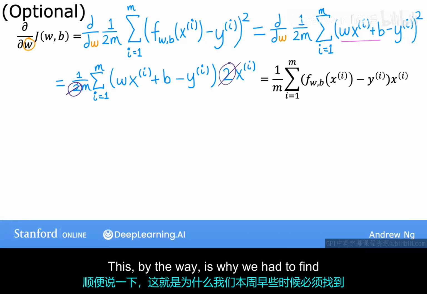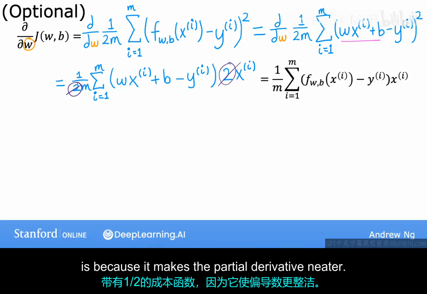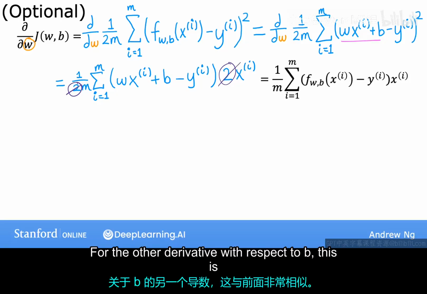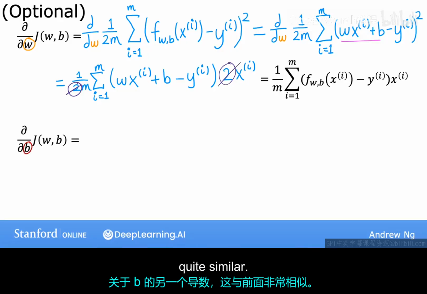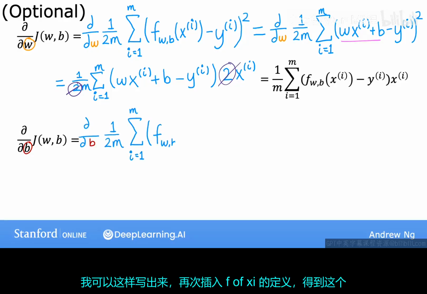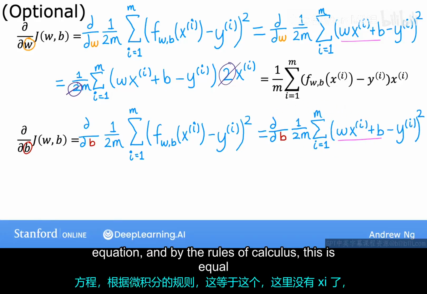So this, by the way, is why we had defined the cost function with the 1/2 earlier this week, because it makes the partial derivative neater. It cancels out the 2 that appears from computing the derivative. For the other derivative with respect to b, this is quite similar. I can write it out like this, and once again plug in the definition of f of x_i, giving this equation.